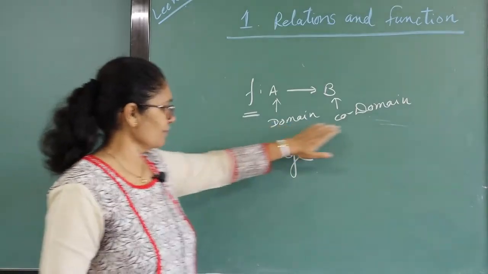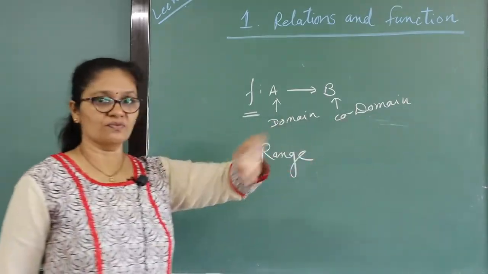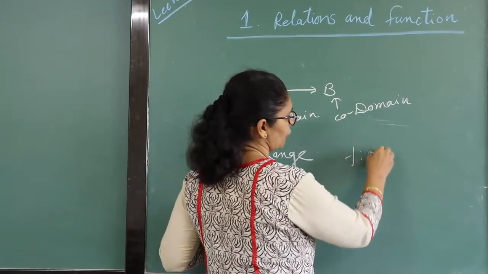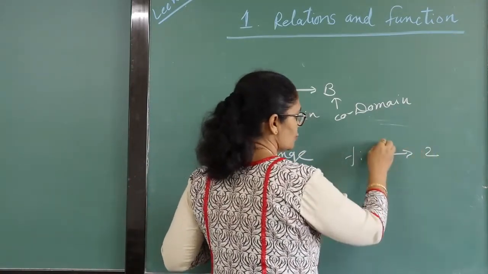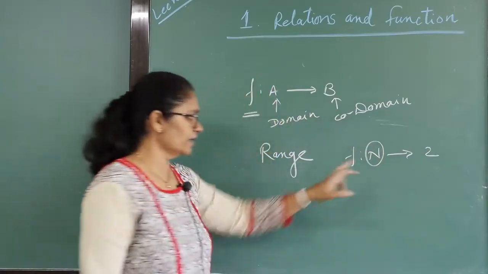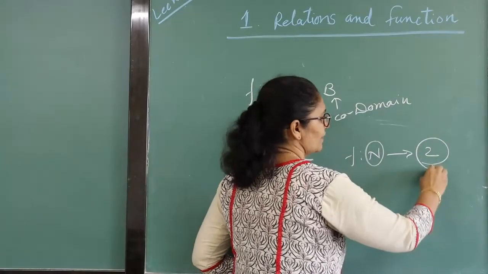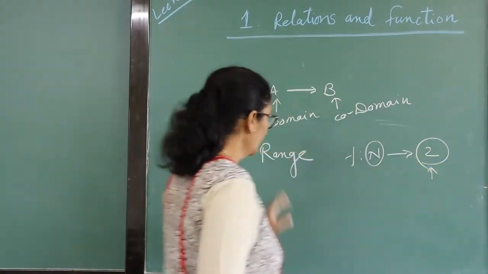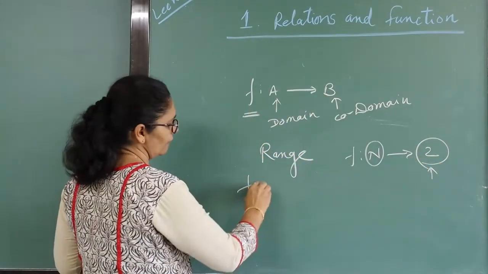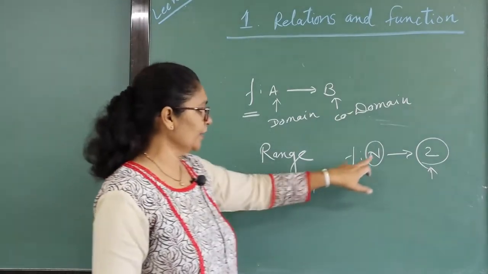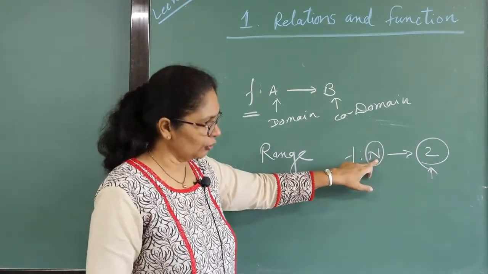Let's discuss these three points one more time. Domain: suppose I mention function from N to Z. In domain we are considering all natural numbers. Codomain means we are taking Z. Now what is range? Suppose you have been given function f of x equals x plus 1. We start putting elements from the domain.